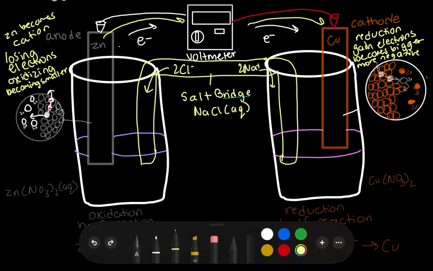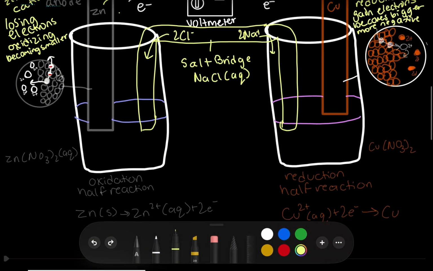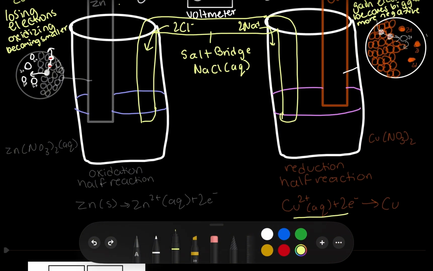And we can see it in the cell, how the electrons are flowing in and they're adding onto the cell. It's becoming bigger. Now, as Cu, or copper, is gaining electrons, we're going to see this in the reaction, in the chemical equation. Now, instead of the electrons being added on the product side, it's being added to the reactant side. Because, again, we're gaining electrons, so it's going to be here.